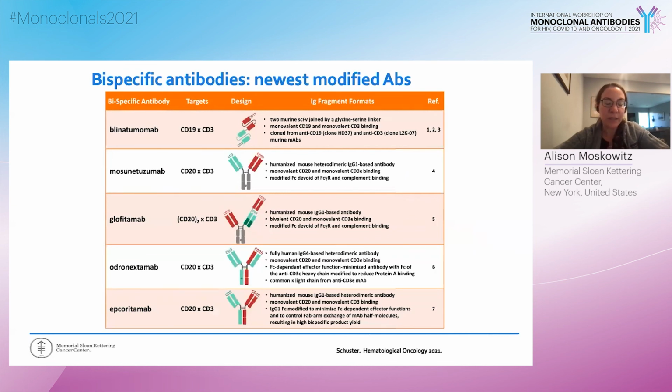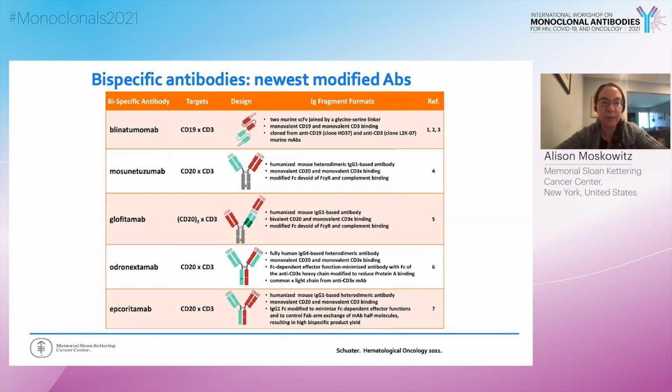The last thing I'm going to touch upon are the bispecific antibodies, which are antibodies that have two different targets. I'm showing you here ones that target CD20 and CD3. Basically, the way these work is by directing CD3 positive cells, so activated T cells or immune cells, in close proximity to the target tumor cells, so that an anti-tumor immune response can be achieved.